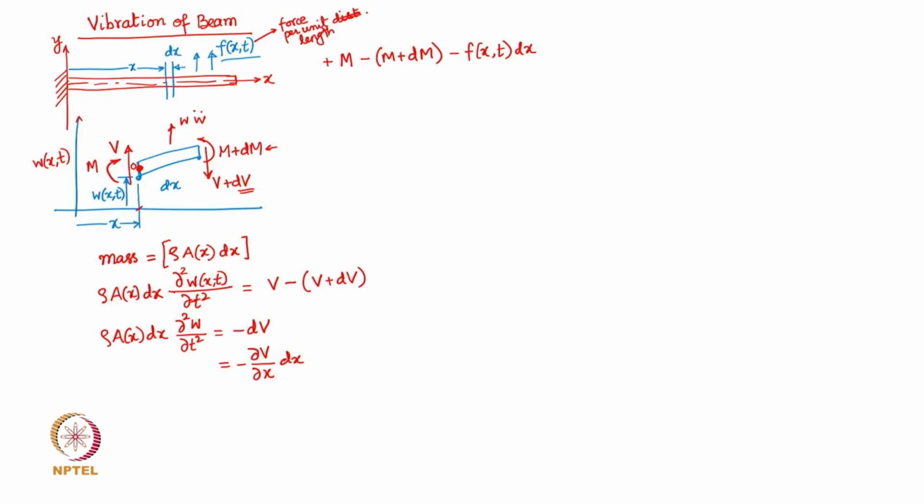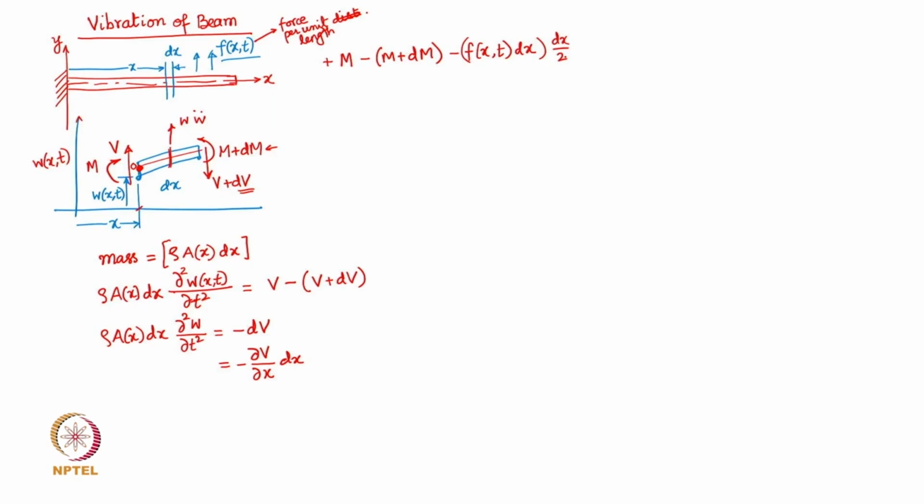So f of x comma t dx would be the total force acting on this element, and we can assume it to act at the center of this small element, and therefore the moment of this force is dx by 2 into f of x comma t into dx, right?